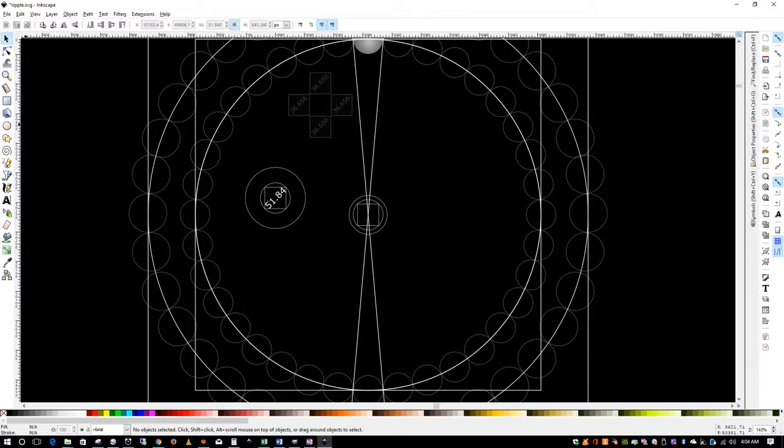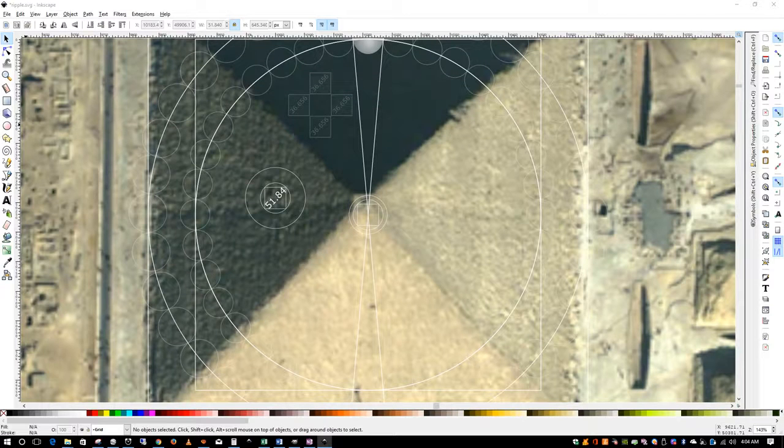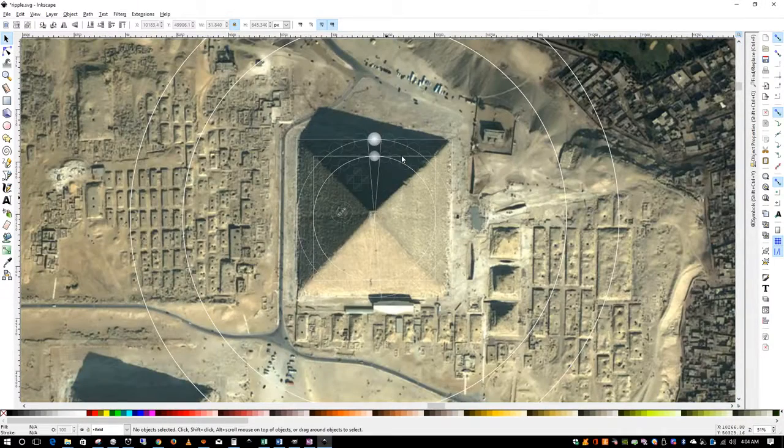If we turn on our image of the satellite, turn that on real quick. First of all, you have to get all your measurements right, and then what I usually start with is the 756 size square.